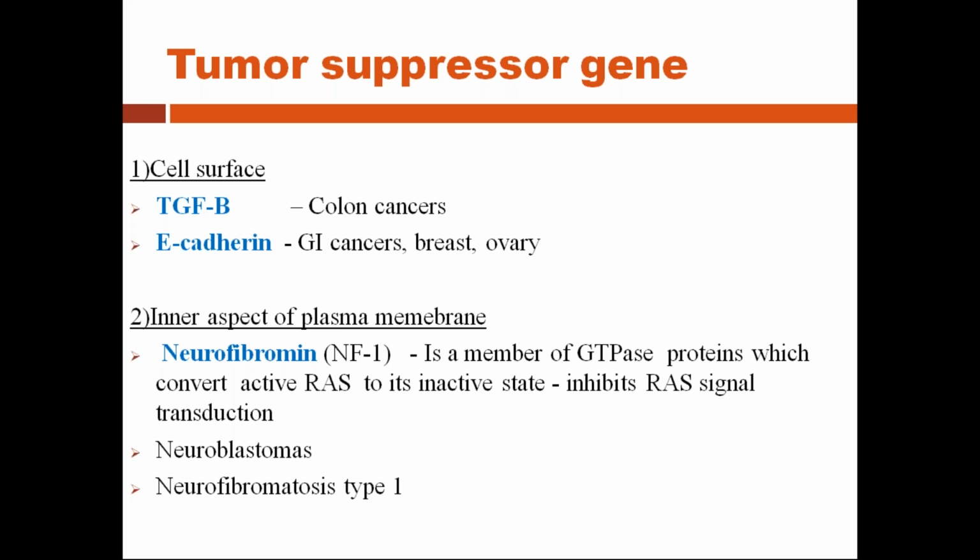So when both the alleles undergo mutation, the protein gets inactivated. So there is inactivation of this protein transforming growth factor beta, which is seen in colon cancer. So there won't be any cell cycle arrest even when the cell has damaged DNA, and it continues to multiply with the damaged DNA.